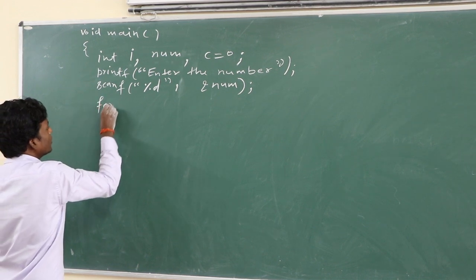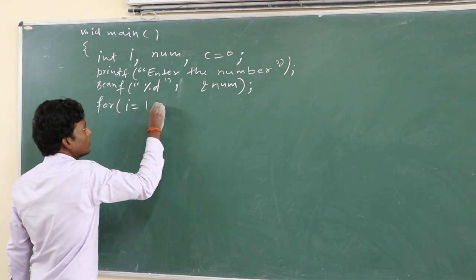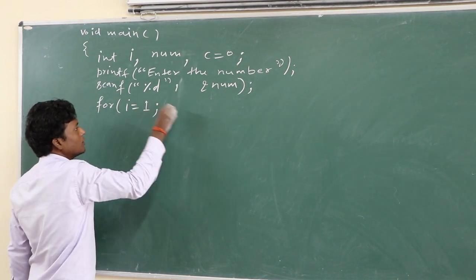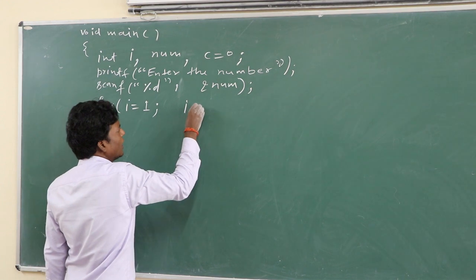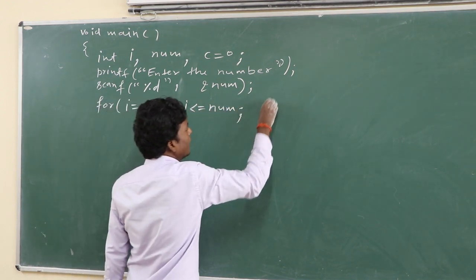For I equal to 1, I is less than or equal to num, I plus plus.